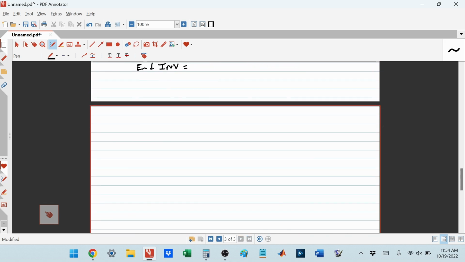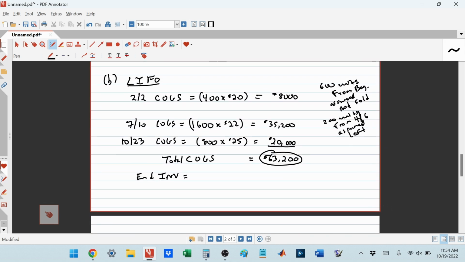Which units are left over? Well, definitely they're the 600 that were assumed right here, assumed not sold from beginning inventory. Each of those cost us $20 when we bought them. Then there's the 200 left over from the April 6th purchases that we assumed weren't sold. When we calculated the stuff sold here, we assumed these 200 weren't sold, these 600 weren't sold. And the April 6th purchases cost us, what, $22 each?